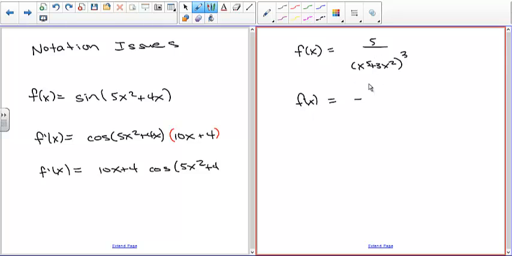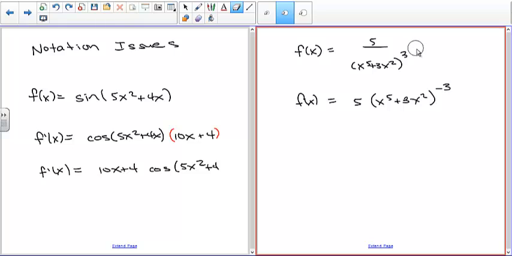I'd move this term to the numerator. And again, if I didn't put the parentheses out here, I wouldn't know that I'm going to be raising the whole thing to the negative 3 power. So again, in the first case, I need the parentheses because I'm showing that I'm cubing this whole thing here. But when I move it to the numerator, the same thing has to happen.